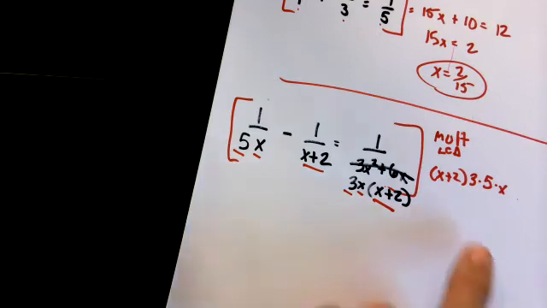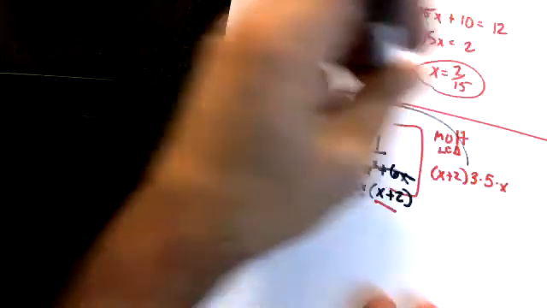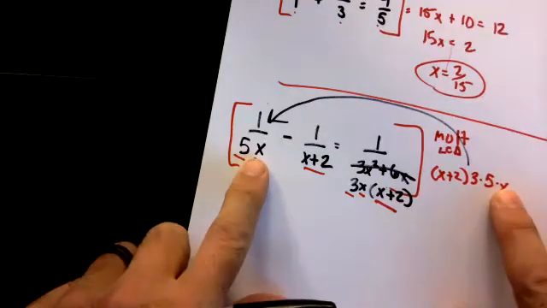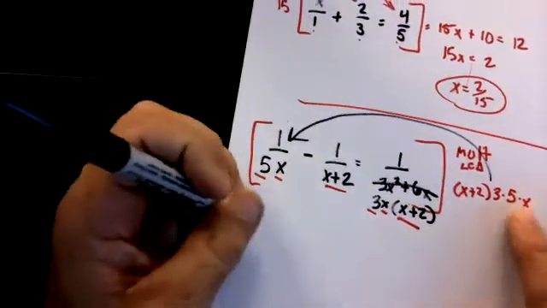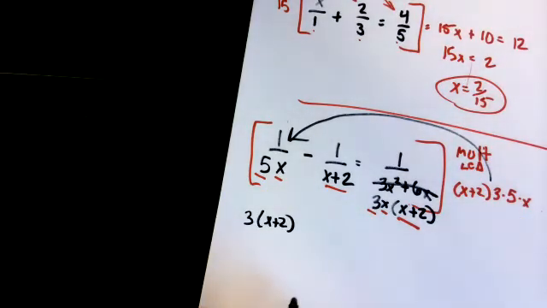Whenever I multiply, some of this stuff is going to cancel. It's going to look backwards because I ran out of room, but it's all the same thing. If I multiply here, the 5 and the x cancel, leaving me with a 3 and an x plus 2.